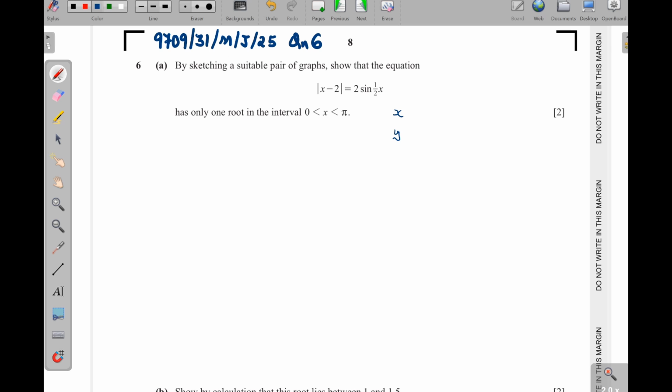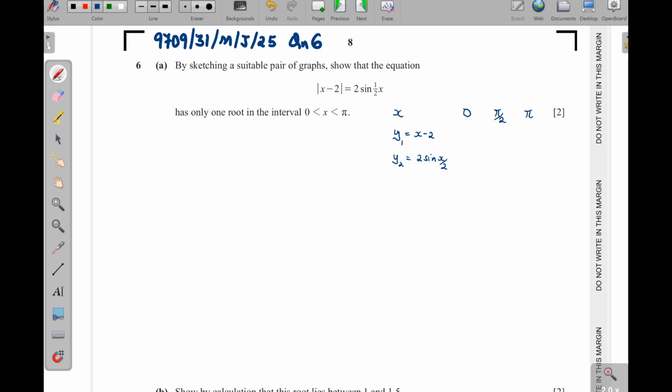Okay, y1, maybe it is equal to x minus 2, and then y2 is maybe equal to 2 sine of x over 2. Okay, then we have 0, I can say pi over 2, and then pi.